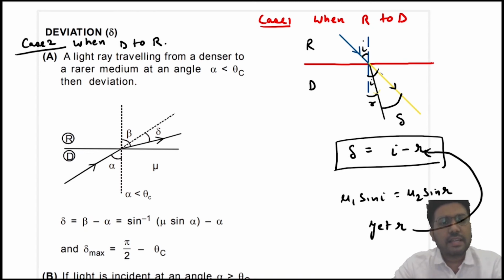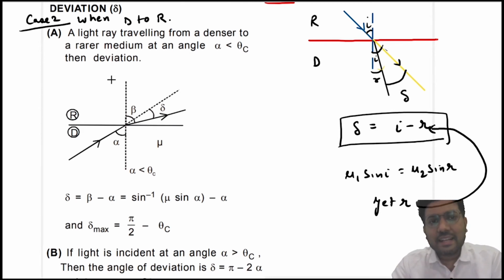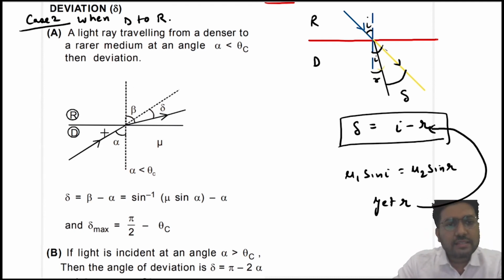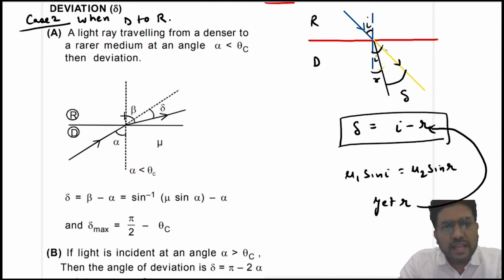So let us see case 2, case A: a light ray traveling from a denser to rarer medium at an angle alpha which is less than the critical angle. In that case, what will be the angle of deviation? This is the incident ray and this is the refracted ray. Suppose the angle of refraction is beta. Then the angle between the incident ray and the refracted ray is delta, the angle of deviation.